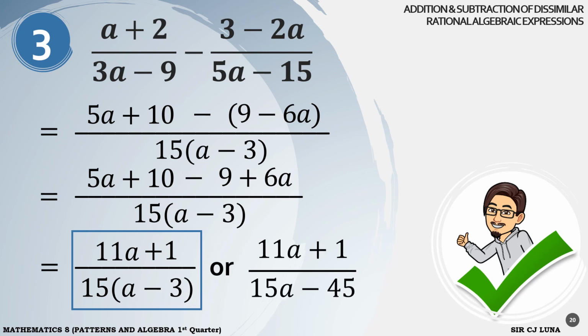Okay? Simplify mo pa yung denominator. Okay po? May tanong tayo? Okay, wala. So, ganun lang yung pag-add or pag-subtract ng dissimilar rational expressions. Okay? So, kailangan kunin mo muna yung LCD nila and then yan, proceed ka sa adding or subtracting similar expressions.